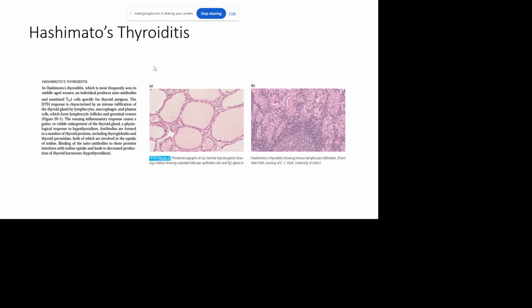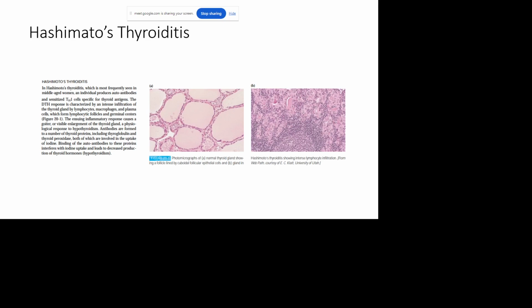So if you remember, all of these immune actions, especially for the adaptive immune response, one of the major key players is the T cell, right? T cell can activate the helper T cell.